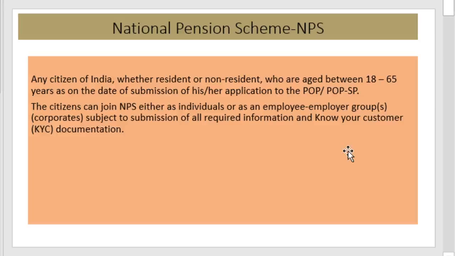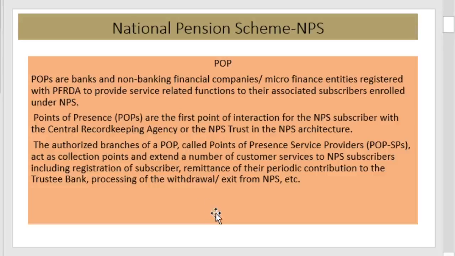Here, any citizen of India, whether resident or non-resident, in the age group of 18 to 65 years can join the National Pension Scheme at the time of providing the application to the Point of Presence or Point of Presence Service Provider, in any category, either as an individual or as an employer-employee group. Point of Presence is a term used in the National Pension Scheme.